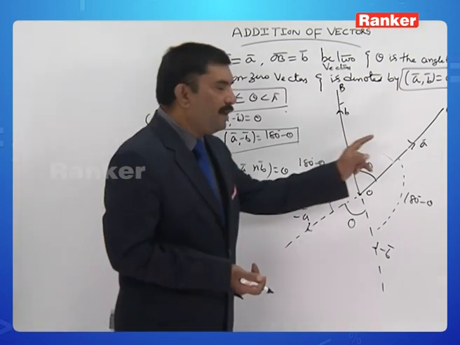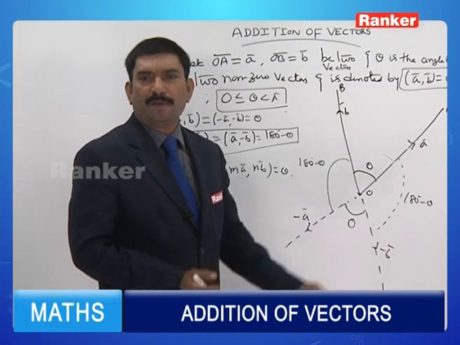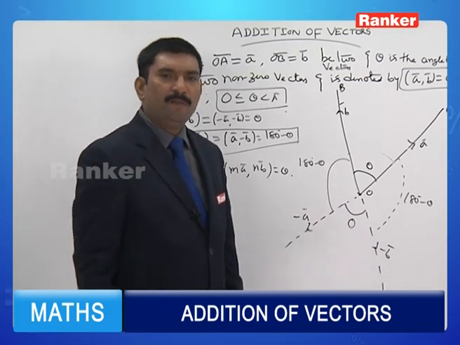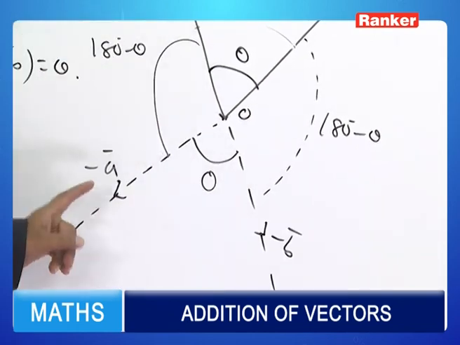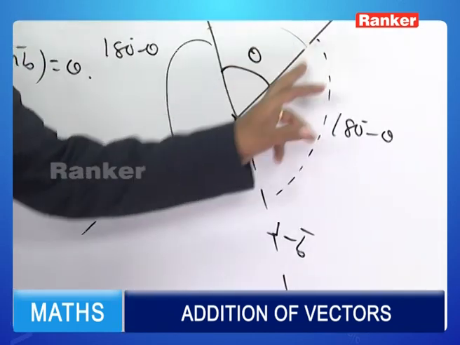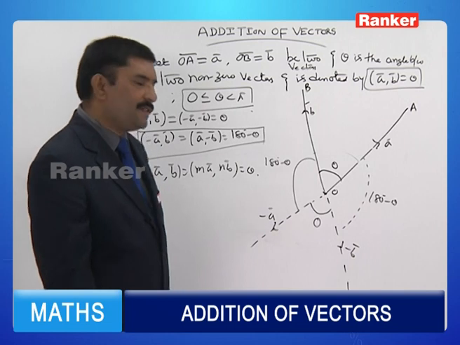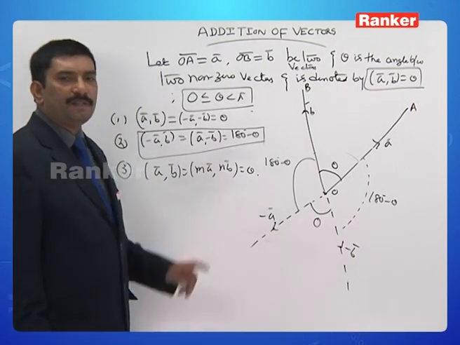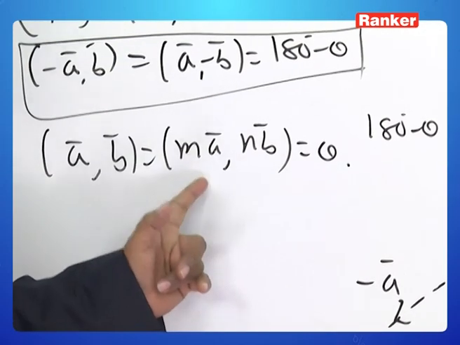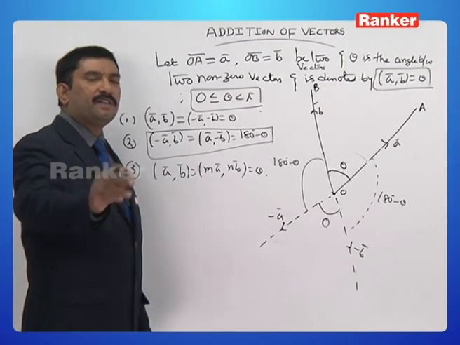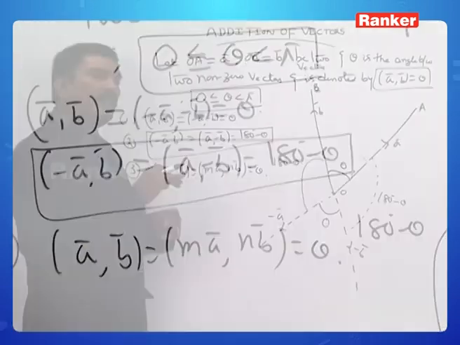Then, if the angle between A bar and B bar is theta, the angle between minus A bar and minus B bar is also theta. If the total angle is 180, the angle between minus A bar and B bar, which equals the angle between A bar and minus B bar, is 180 minus theta. And the last one: the angle between A bar and B bar is equal to the angle between MA bar and NB bar, which is theta. It represents that the angle between the two vectors is the same as the angle with 2A bar or 3B bar. It can be extended to any length.